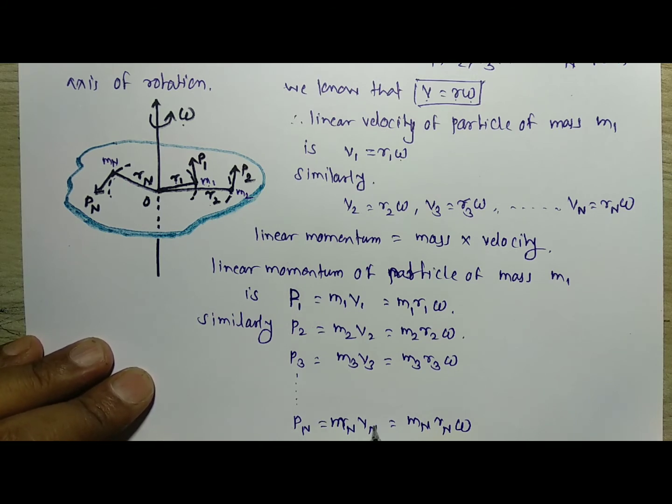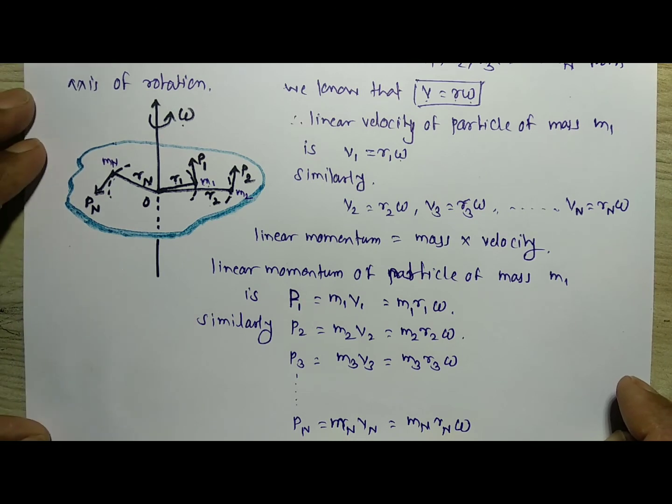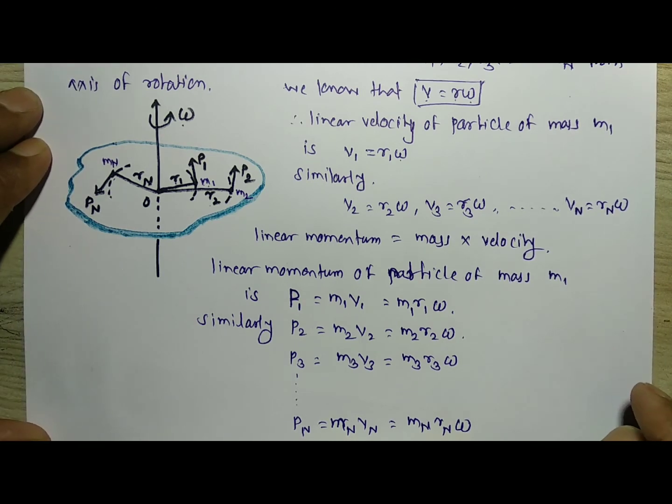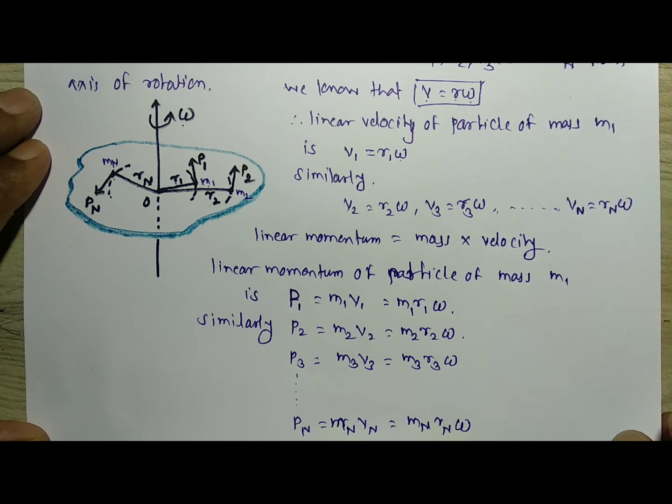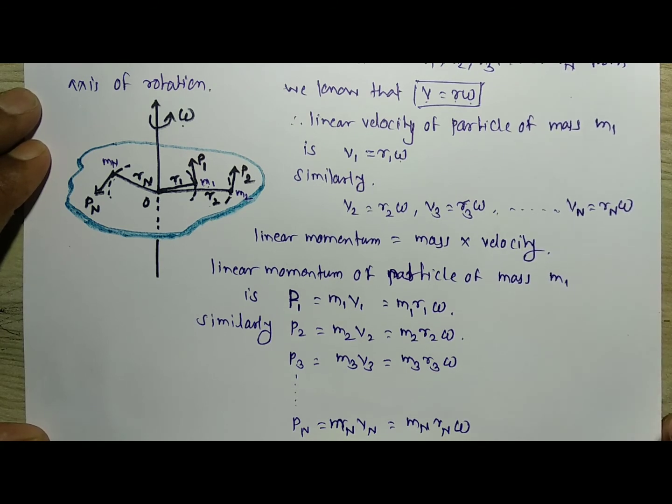Right now, by using angular momentum, first of all we have to consider the angle between these p bar and r bar. First you have to be clear about that, and then you can calculate the angular momentum of each particle, and by using that you can calculate the angular momentum in terms of the moment of inertia.